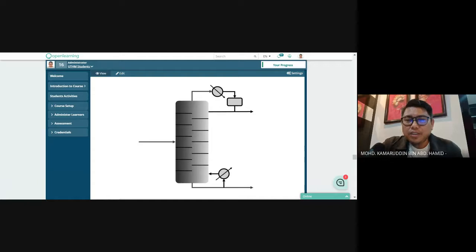Kita patah balik kepada C3 splitter tu. C3 apa? C1 methane, C2 ethane, C3 propane. Okay, propane, propylene. The C3 splitter adalah to split between the propane and propylene.